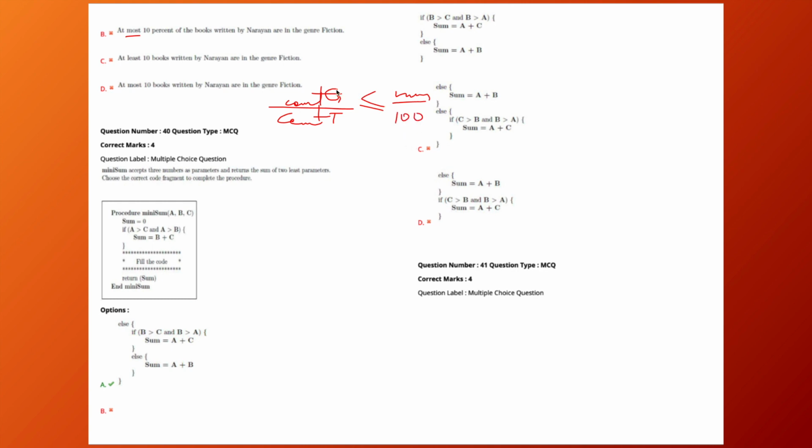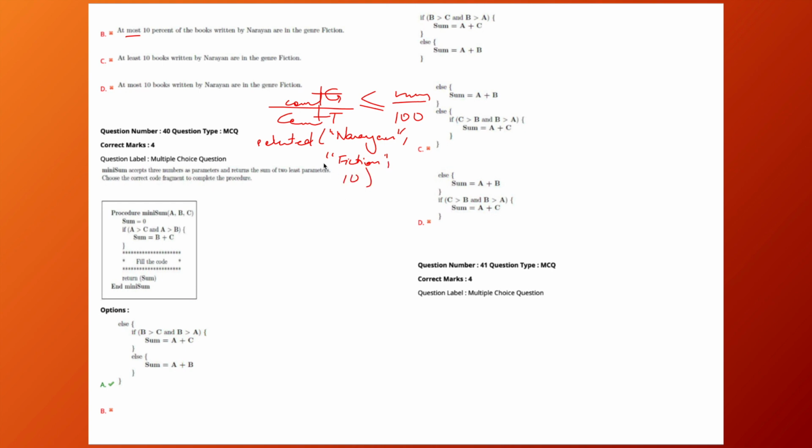In this case, if I had given the value of, let's say, the previous thing, selected, Narayan, then the other one was fiction, and the last was an integer, that is 10.